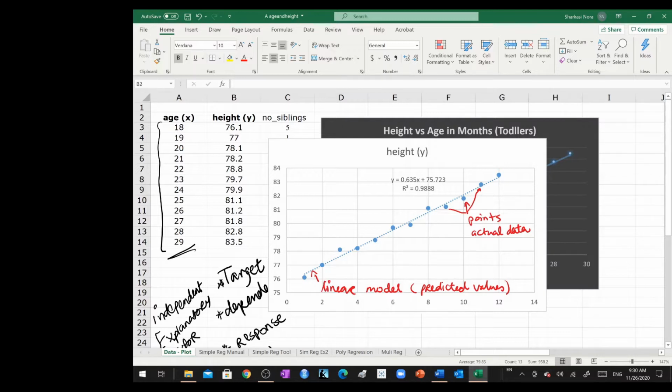All right, good. Now the question: how did Excel come up with this line? Very good question. If I gave you this scatter plot and asked you to draw the best line, you could probably draw the line slightly different. You could probably draw it like that, a little bit closer but different, or like this, or whatever way. You got the point.